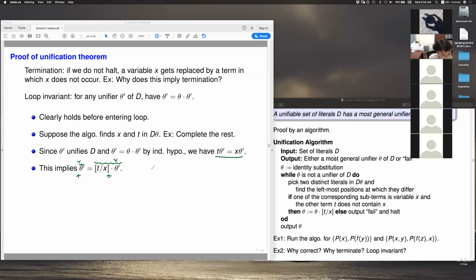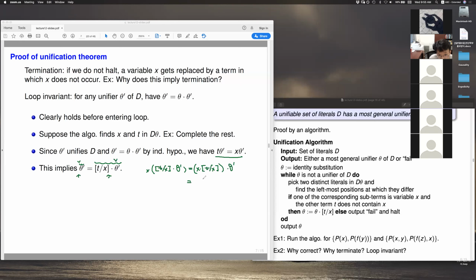And that is actually the case if you apply substitution theta prime on x. For x, applying this substitution and then theta prime is the same as applying the first substitution and then theta prime next.